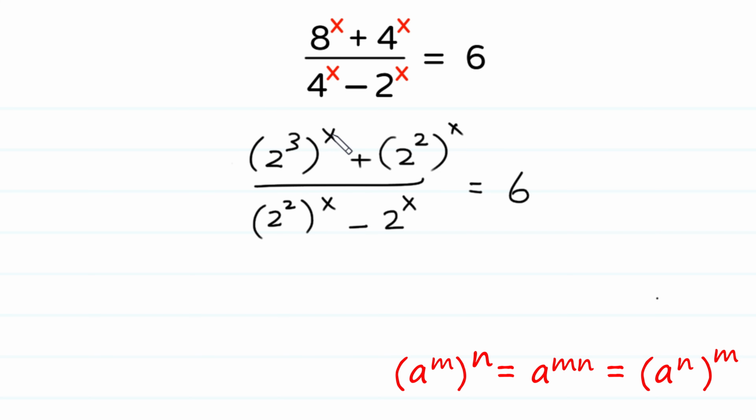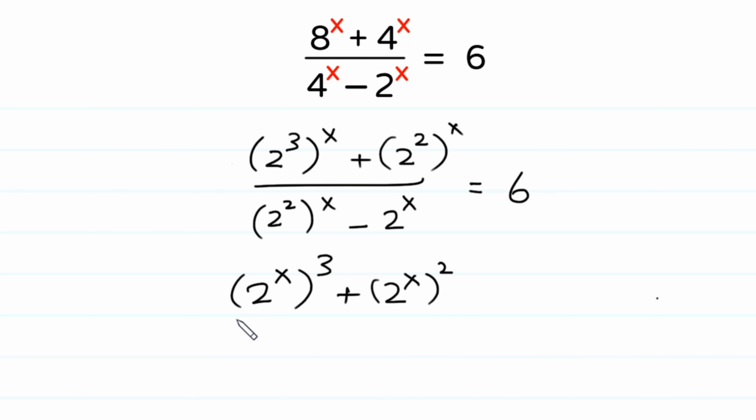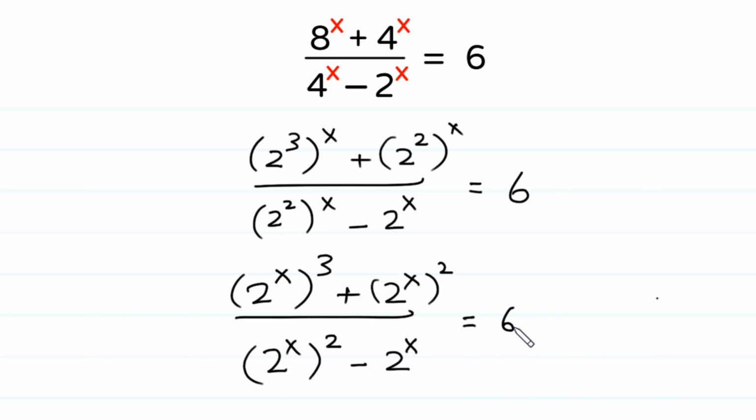We can write this power x inside the brackets and this power 3 outside the brackets, like this: 2 to the power x to the whole power 3 plus 2 to the power x to the whole power 2, divided by 2 to the power x to the whole power 2 minus 2 to the power x is equal to 6.